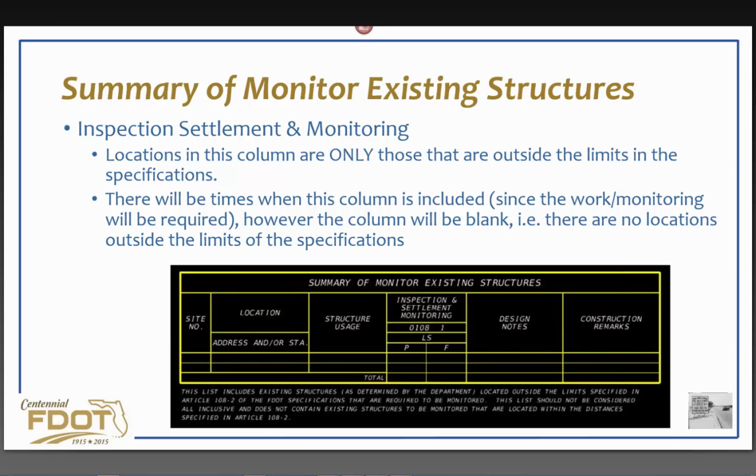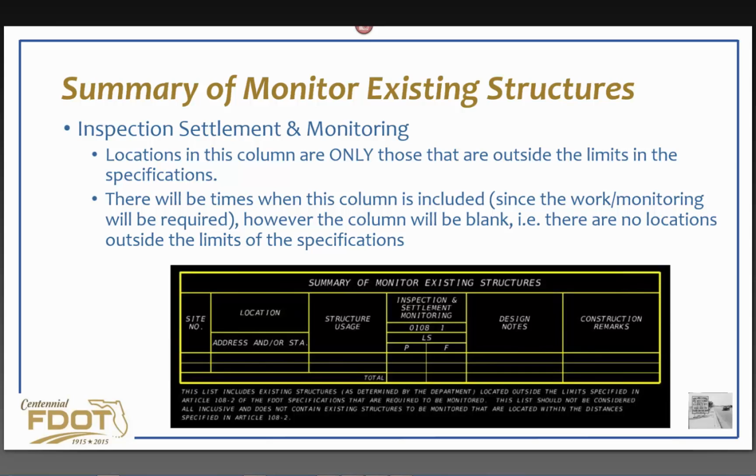I told you I'd talk about 108-1 in a minute. All right, so 108-1 is the inspection and sediment monitoring pay item. This one is a little bit different in that, according to the specifications, given certain situations, there are prescribed limits that are already in the specifications.